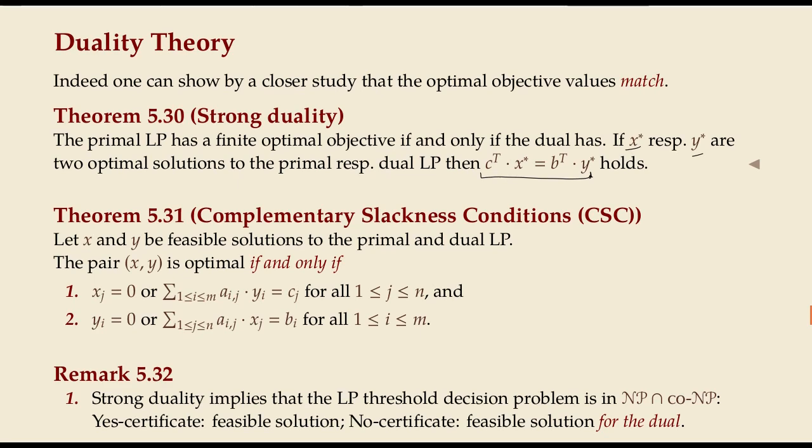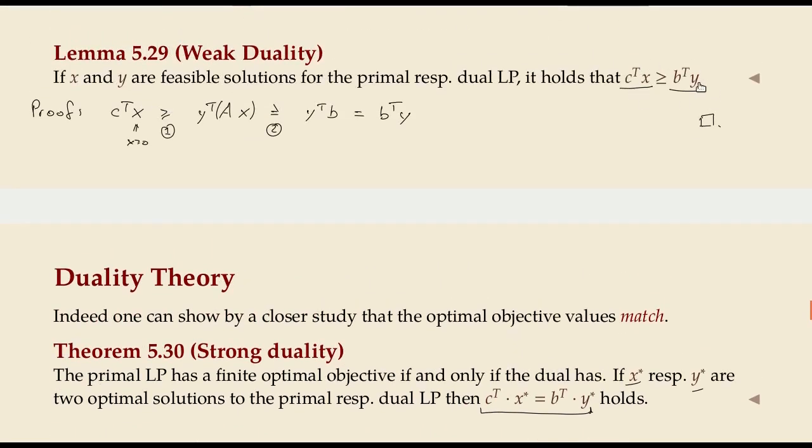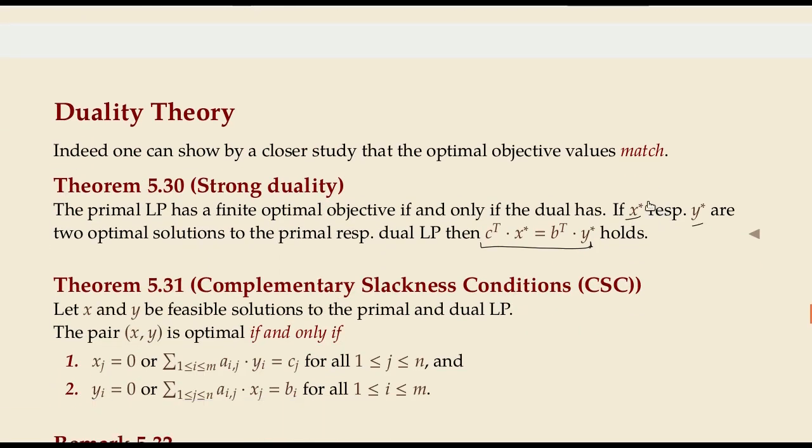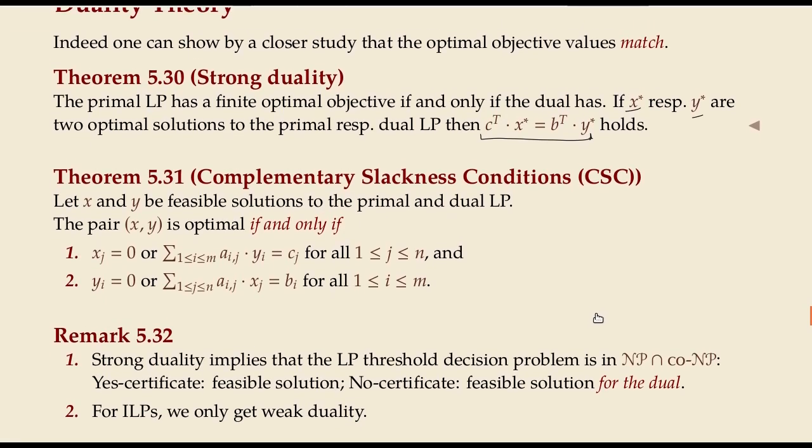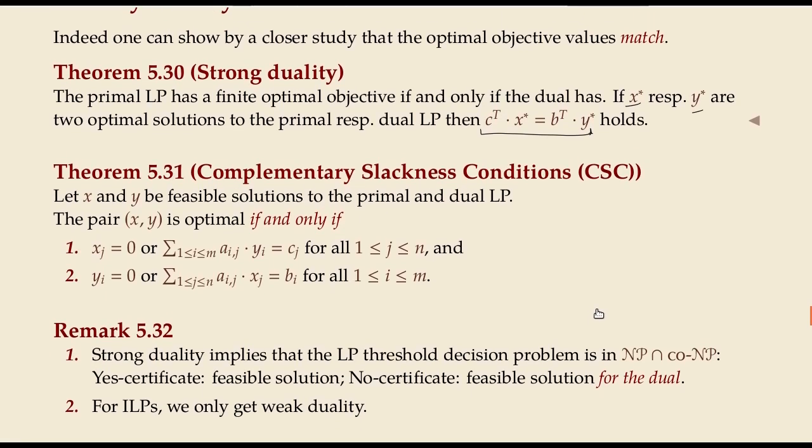So it's not only that we can give some lower bounds on the objective value of an LP. We can actually compute it precisely by giving a good solution for the dual, an optimal one. This may sound not so surprising, especially if you already had a course on linear programming or linear optimization.